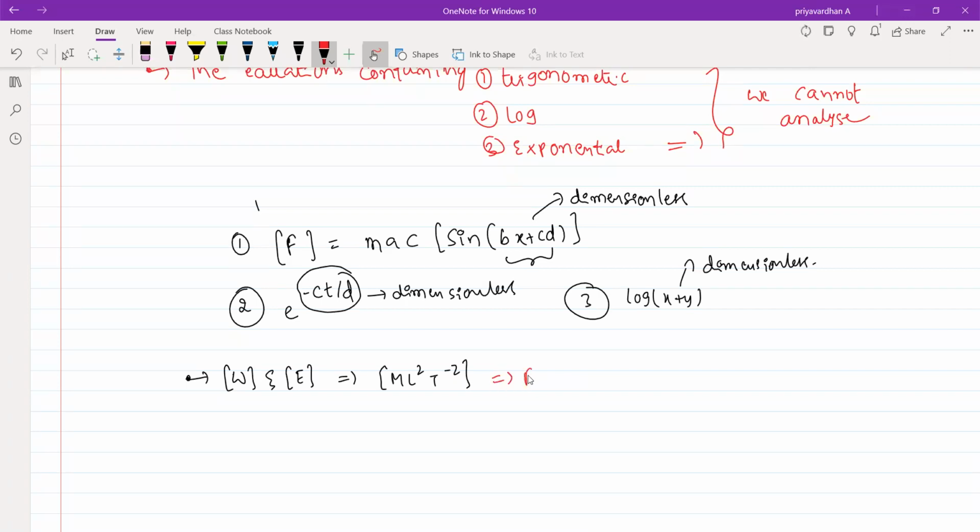So based on the dimension formula, we can never say which physical quantity it is exactly.